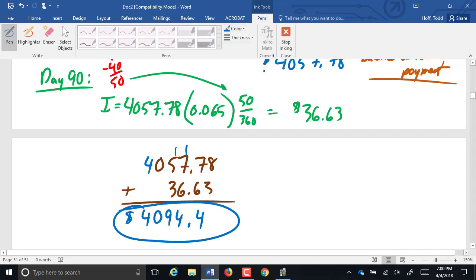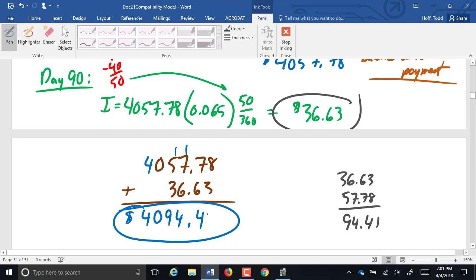Total interest paid, $36.63 plus $57.78 is $94.41.